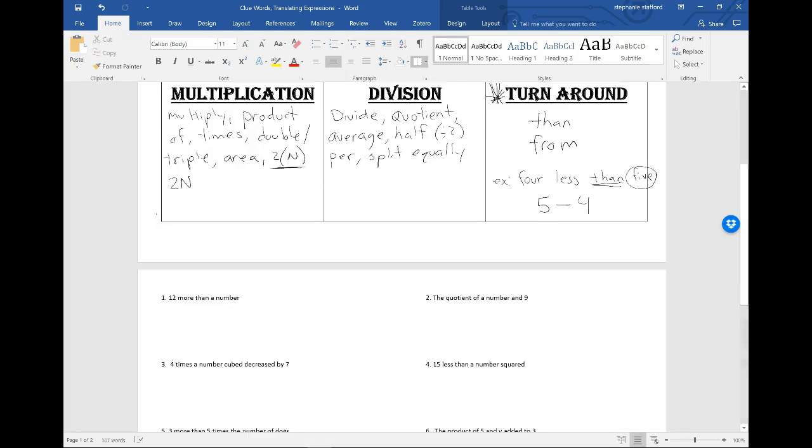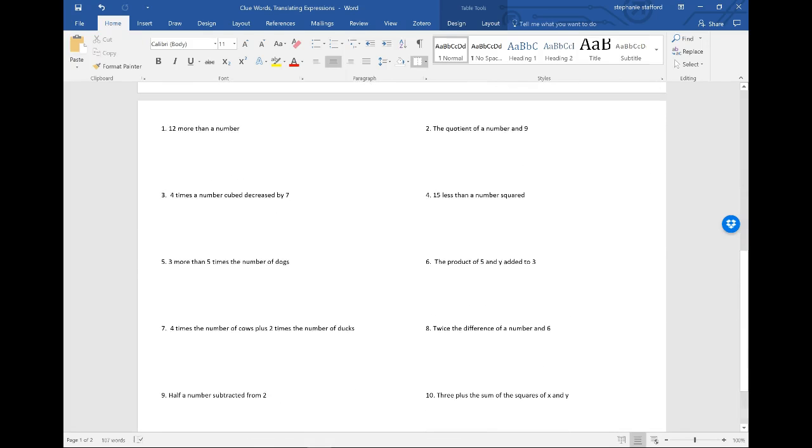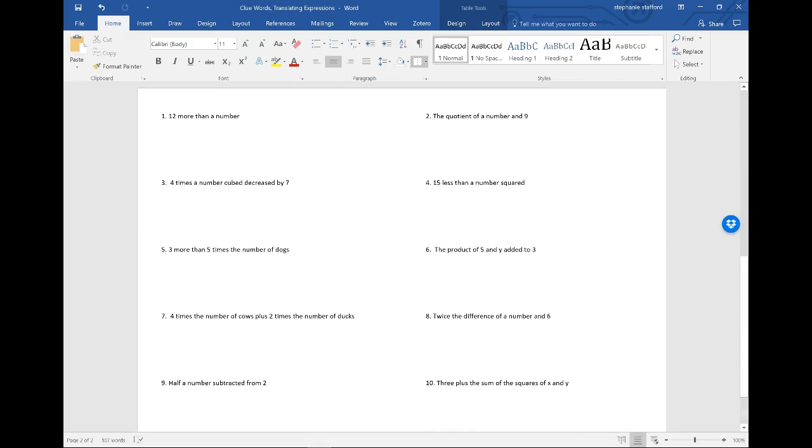All right, let's do some examples here. So this first one says 12 more than a number. So our clue word here is more. There is a turnaround word, than. So I know I'm going to add, but then this has to come first. So a number, I give it a variable. You can give it any variable you want. I'll do n for number, and then the 12 comes last.